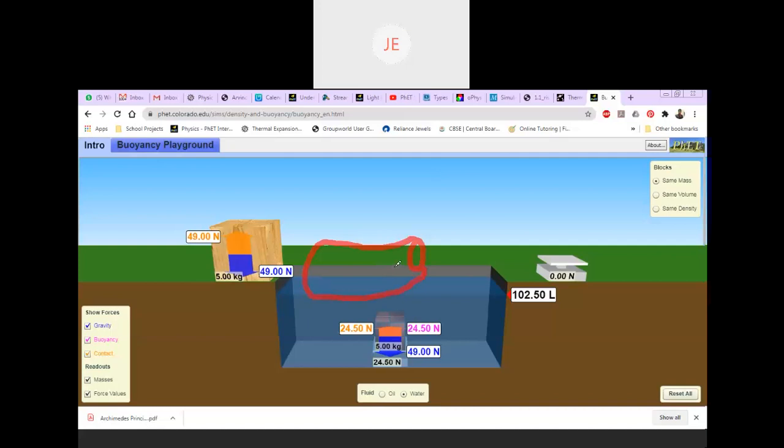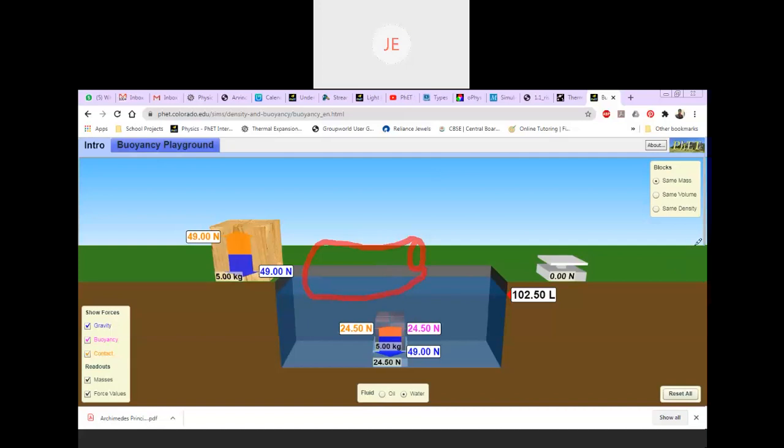There are three situations. Upthrust force can be equal to weight, greater than weight, or less than weight. If the upthrust force is less than the weight, then the body sinks. If upthrust force is more than weight, the body floats.